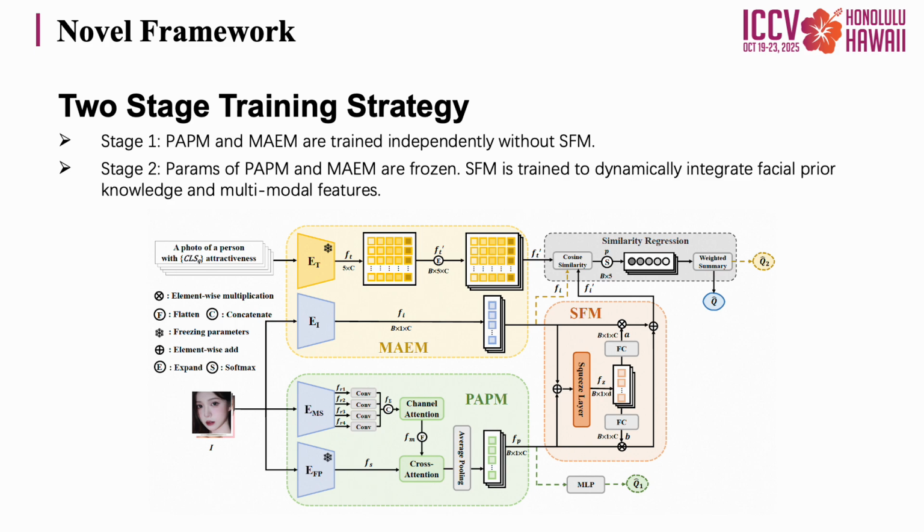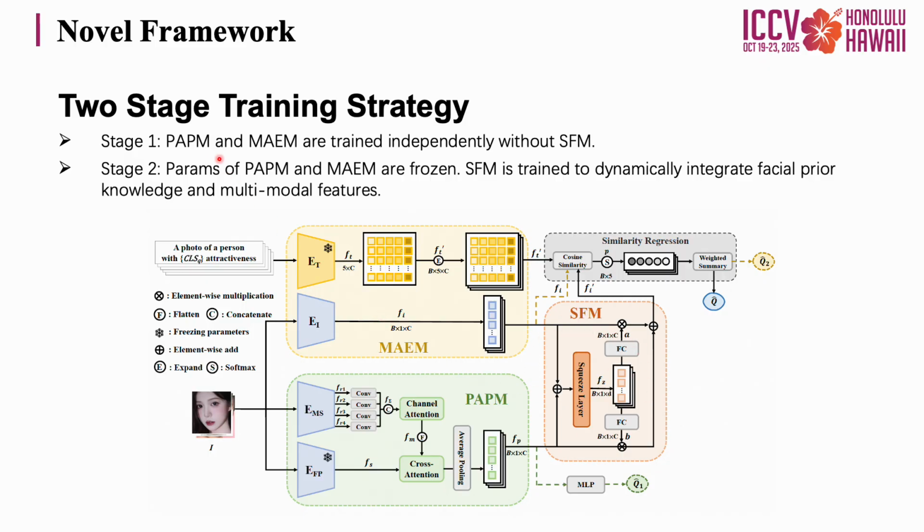The FPEM method utilizes a 2-stage training strategy and consists of 3 primary modules. The first one is Personalized Attractiveness Pre-Roll Module, PAPM. The second is the multimodal attractiveness encoder module, MAEM. And the last one is selective fusion module, SFM.